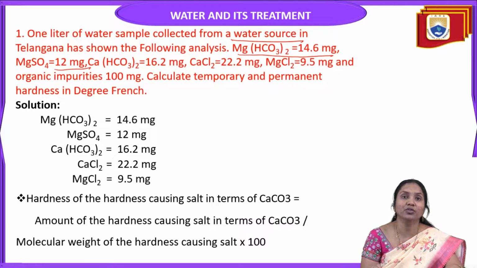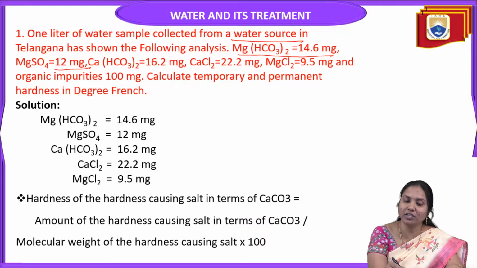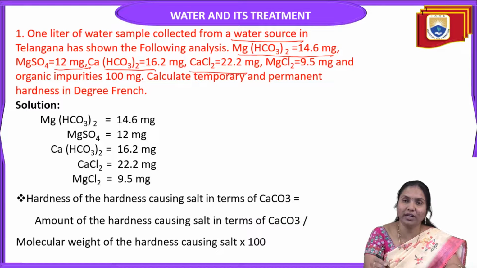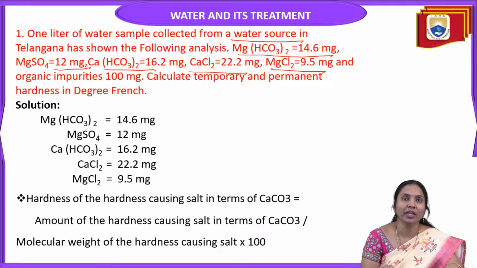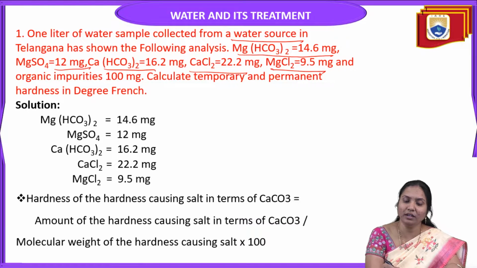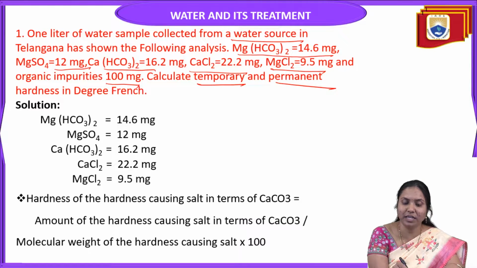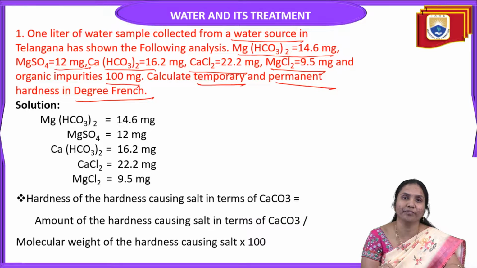Calcium bicarbonate is 16.2 milligrams, calcium chloride is 22.2 milligrams, and magnesium chloride is 9.5 milligrams. Other organic impurities are 100 milligrams present in water. Now calculate the temporary and permanent hardness in degrees French.